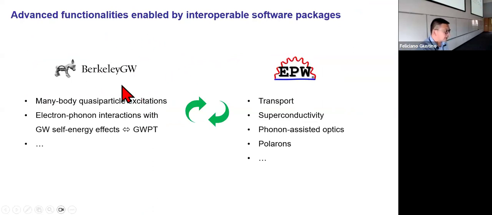Especially, we can calculate the electron properties, quasi-particle properties at the many-body level, as well as the electron-phonon coupling, including the self-energy effects using GWPT. All of these can be combined with the capability of the latest version of EPW, which gives access to a lot of phenomena of interest. And all these calculations can now be carried out at the full many-electron level.